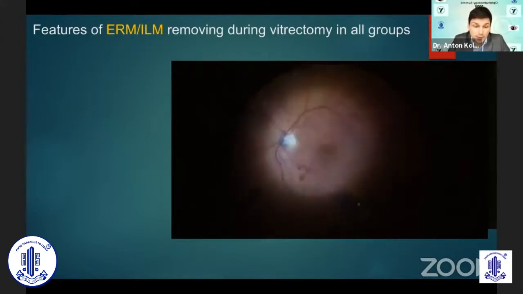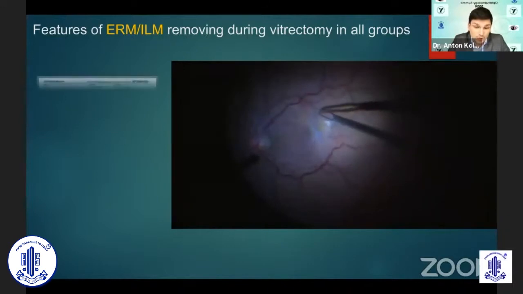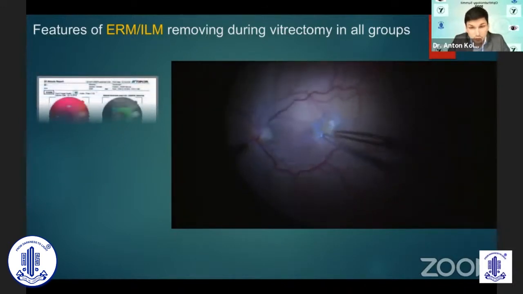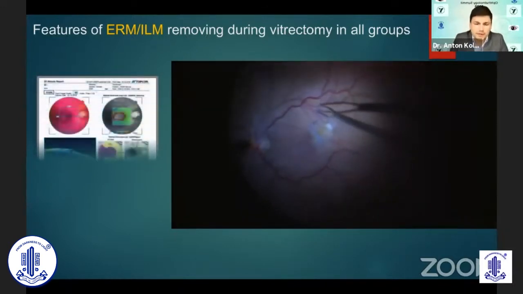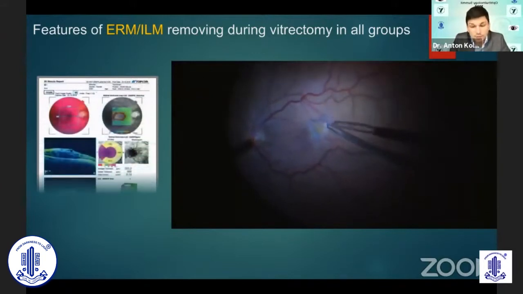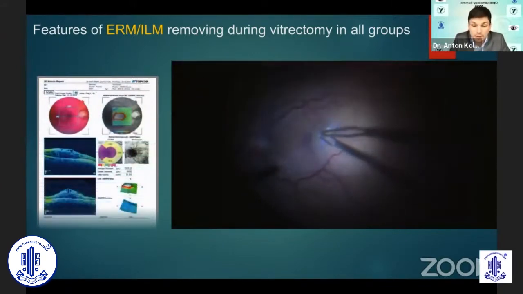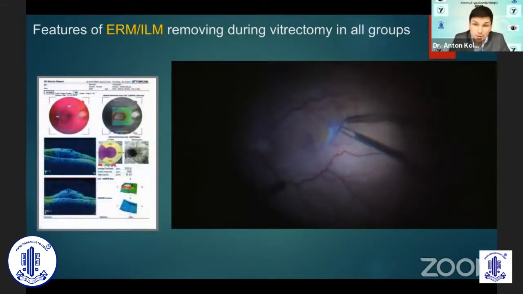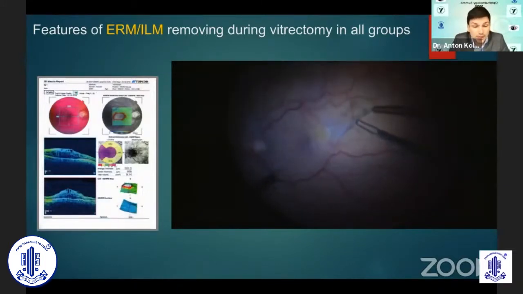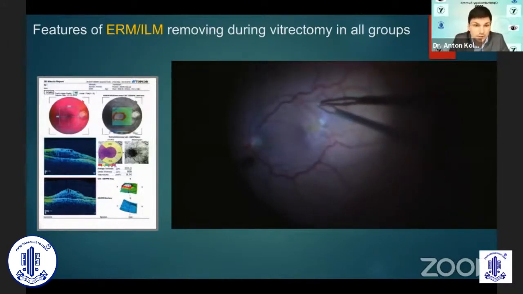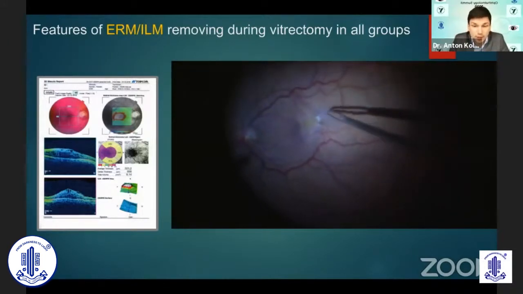In the third group, we revealed the strongest membrane adhesion to ILM, even a crest-like adhesion to the whole retina, sometimes in the fovea, and they were also removed in a unique block, as in group 2.